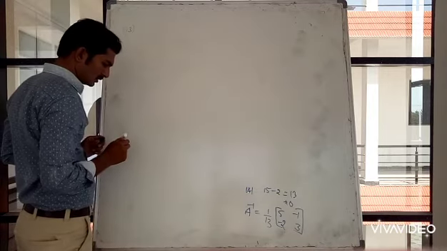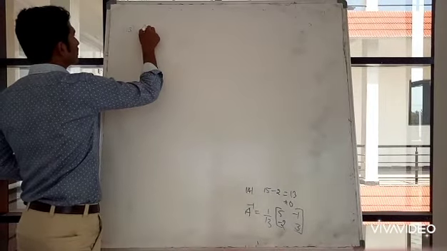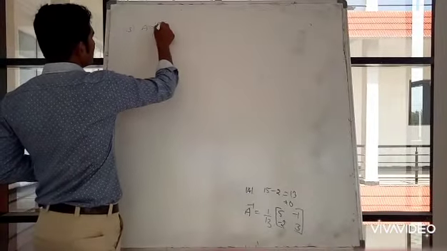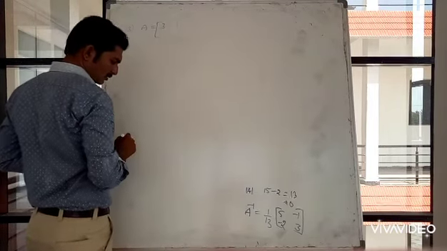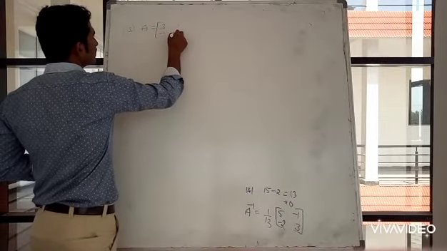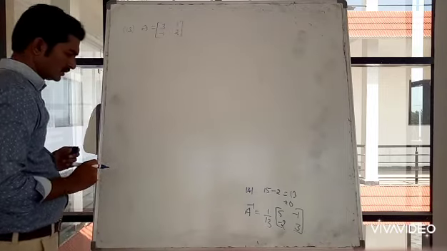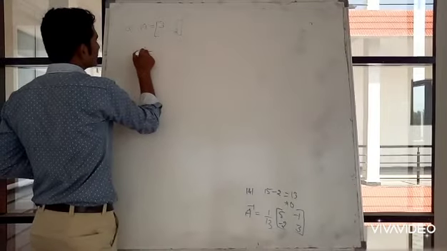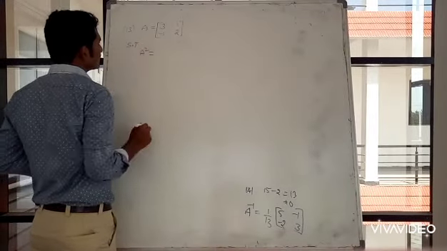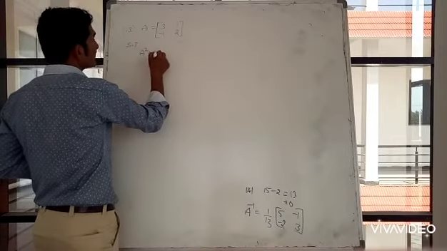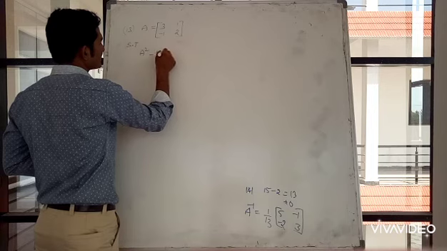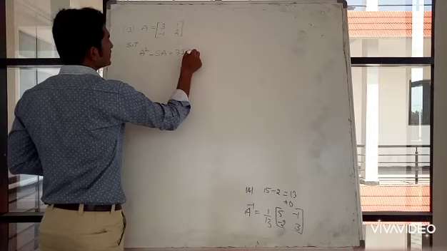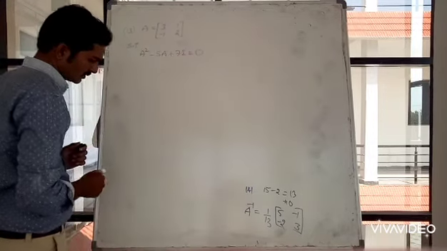If A is equal to [3 1; minus 1 2], show that A square minus 5A plus 7I is equal to O, the 0 matrix.